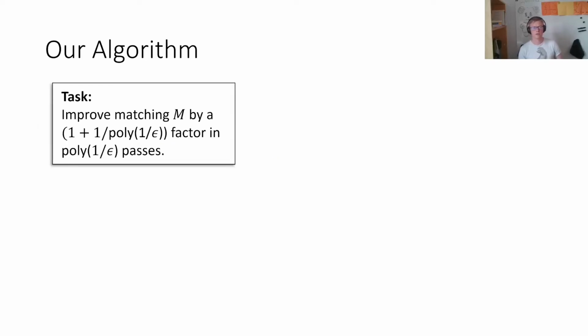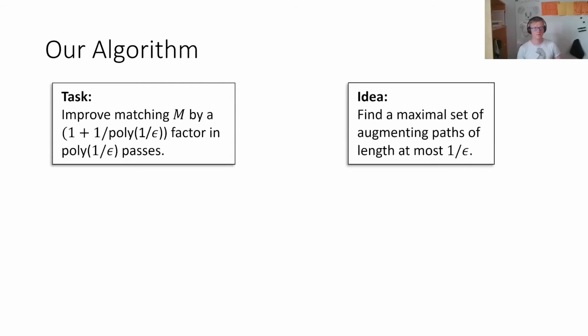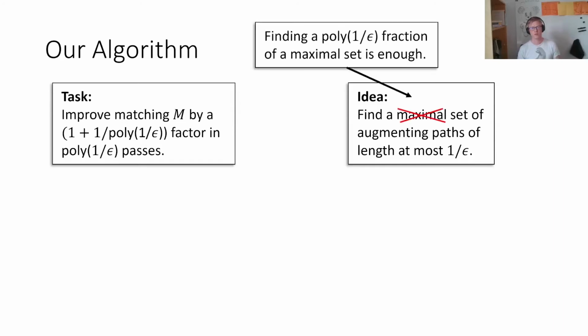And the basic idea is that we would like to find a maximal set of augmenting paths of length at most 1/epsilon. This is a well-known approach from folklore, so if we could achieve this, then we would already be done. Unfortunately, achieving exactly this is a bit difficult.